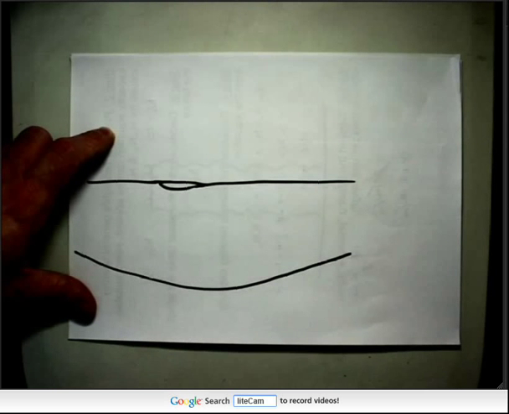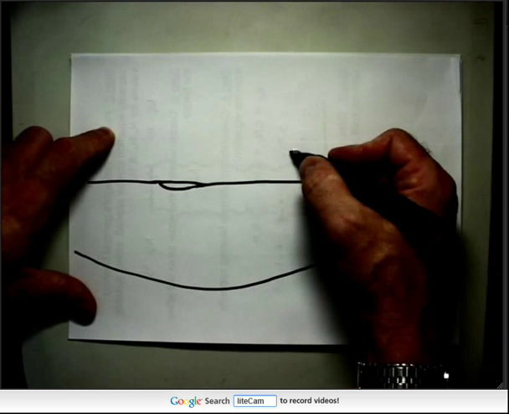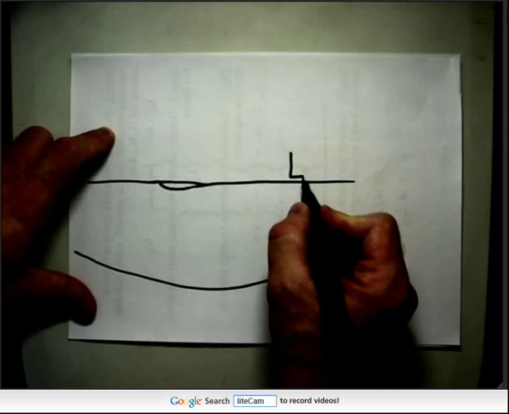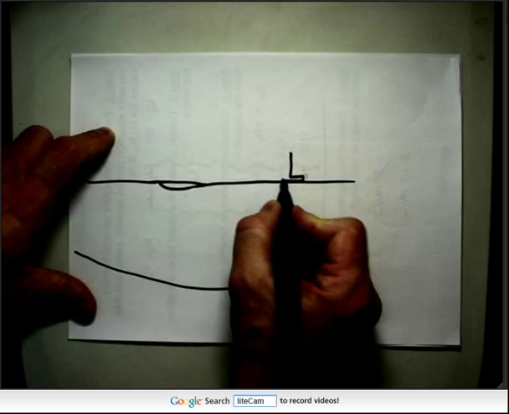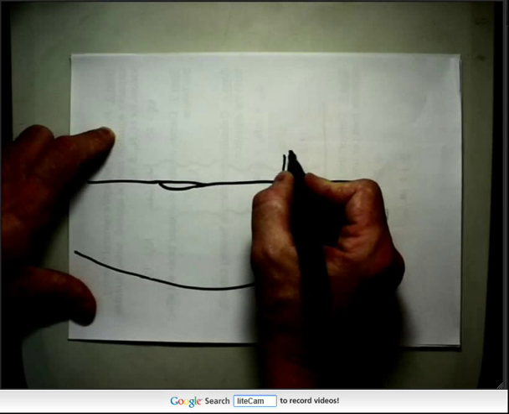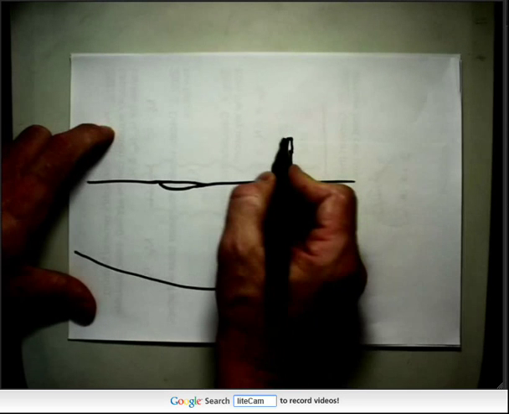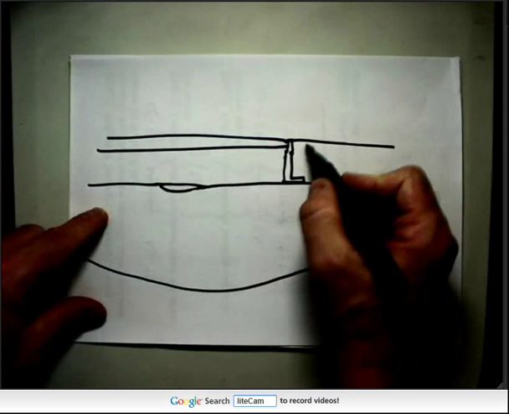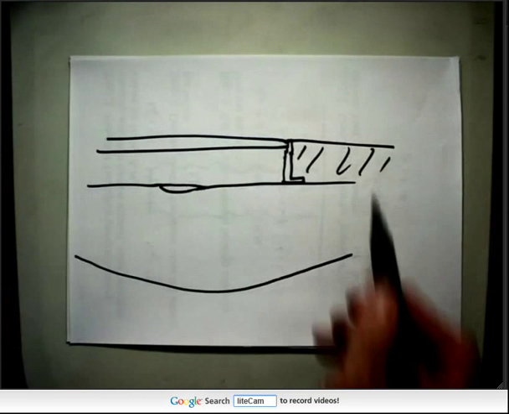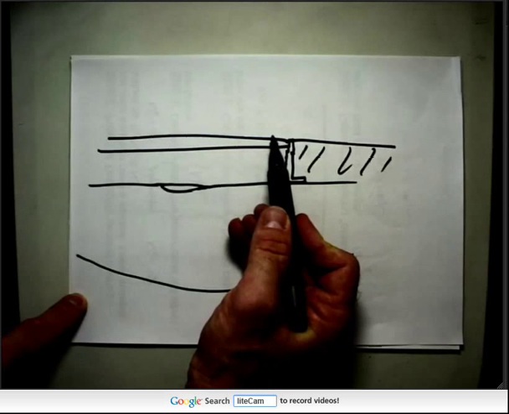And what we're going to do is build some sort of retaining wall there. So we can put a bridge across the river, and behind there you have soil, so the vehicles can approach on an embankment, go across the bridge like so.